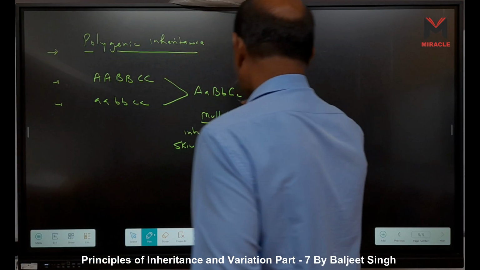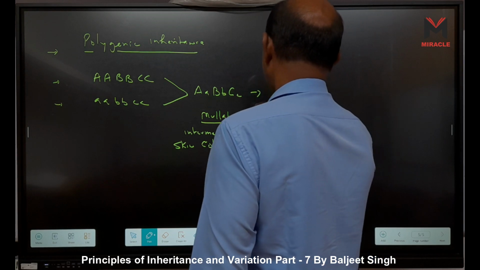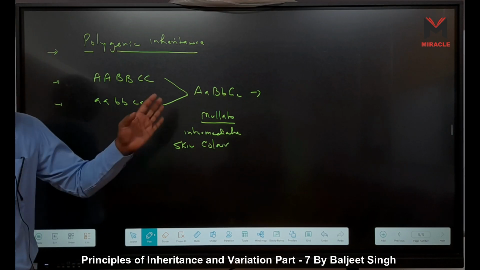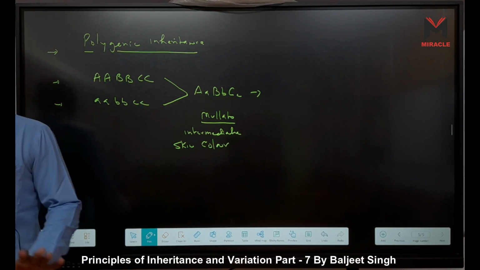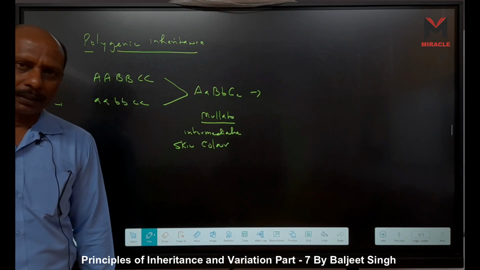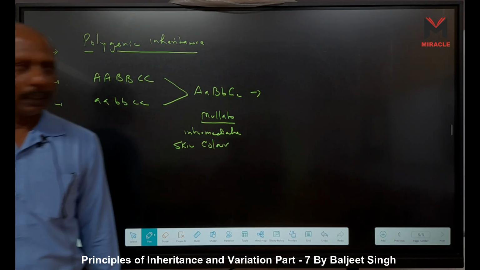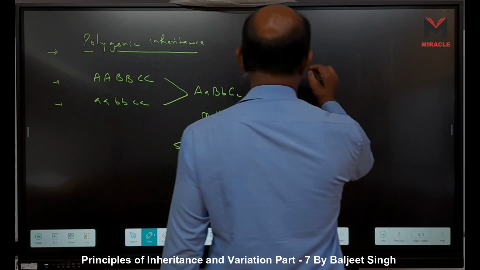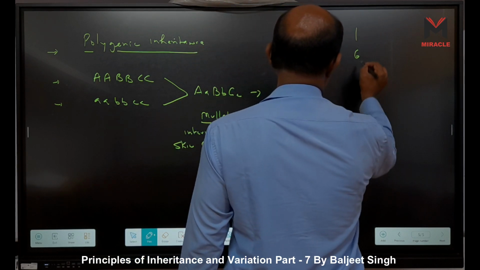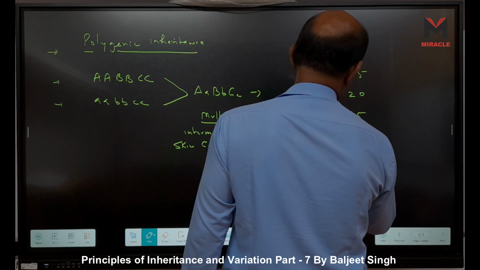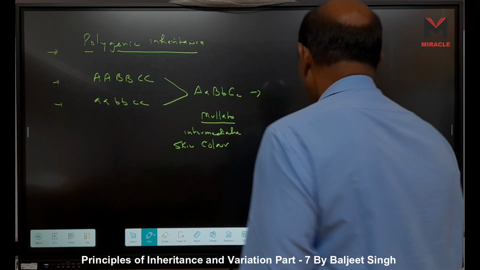And now what happens here? Here we have different types. How many types do we get? 7 types of colors, and a different ratio is also there. We can see different ratios: 1, 6, 15, 20, 15, 6, 1, right.